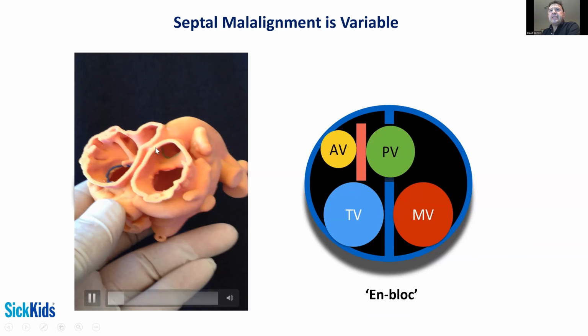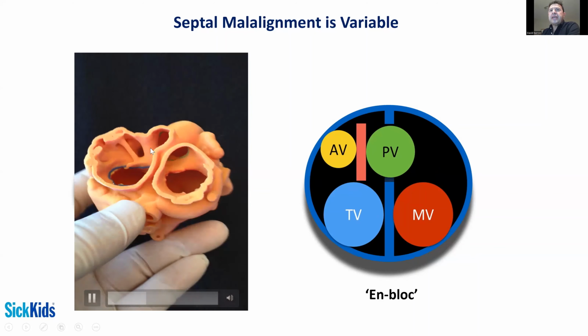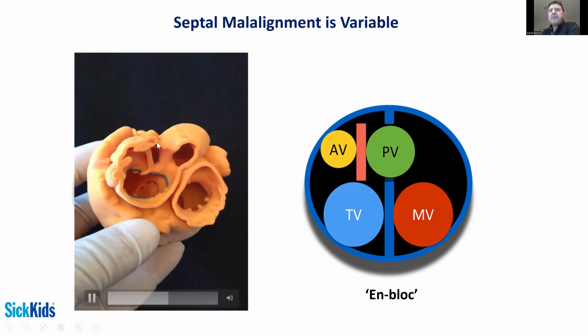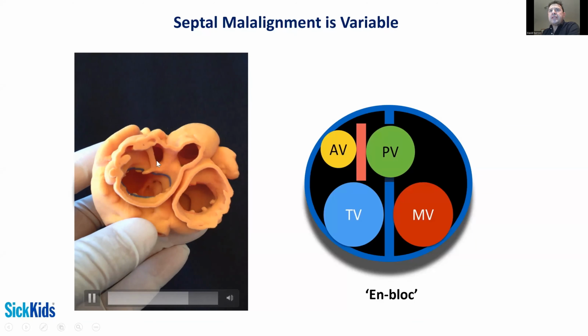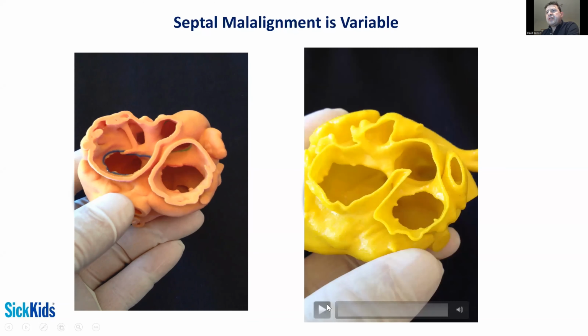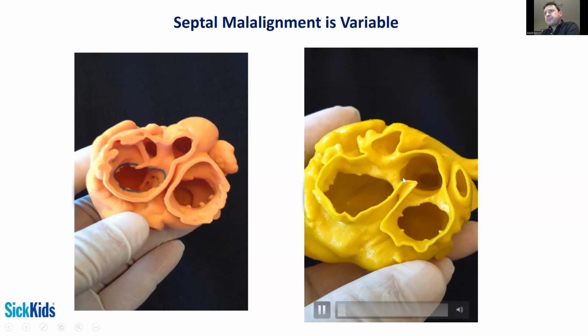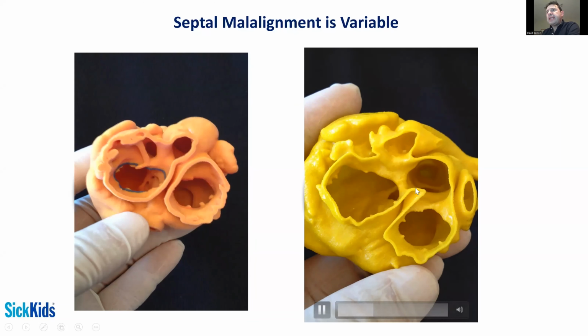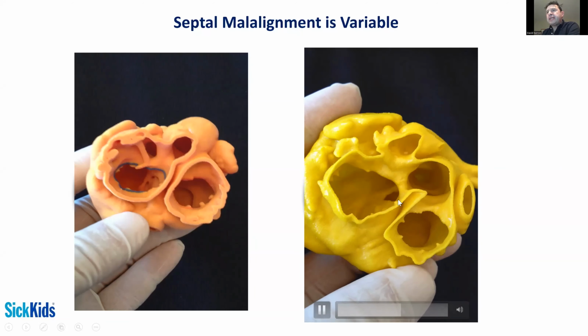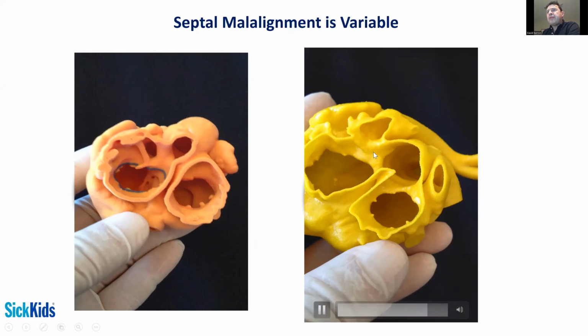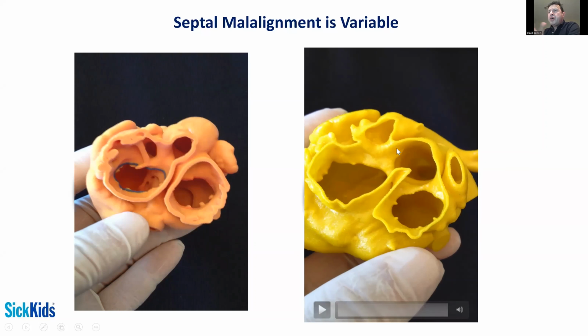See how the outflow septum is really deviated here, hinged across, and it makes the subaortic region relatively small. Whereas in this en bloc movement, you can see this is the plane of the ventricular septum, and here's the plane of the outflow septum, where it's just moved across en bloc to the side. We don't tend to get such a small subaortic region in that setting.